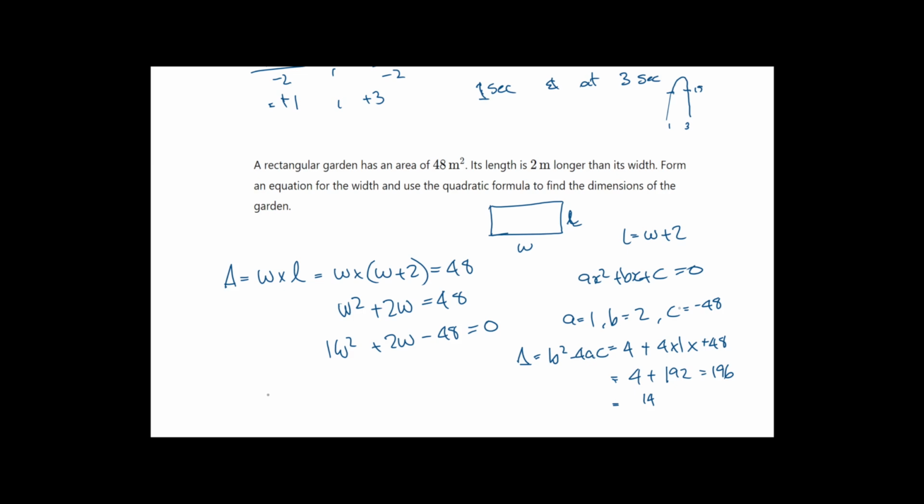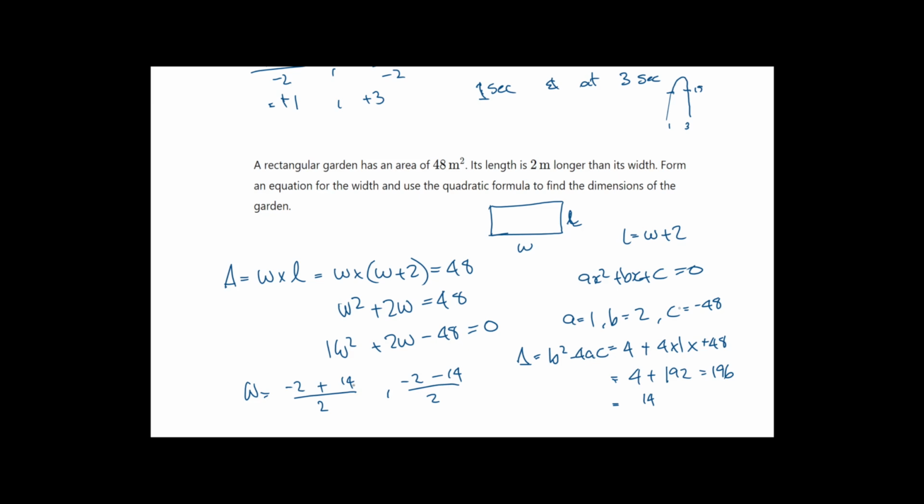So in other words, W is going to be equal to minus B, and B is 2. So minus B plus 14 divided by 2 times A, and A is 1, so over 2, and minus 2 minus 14 divided by 2.